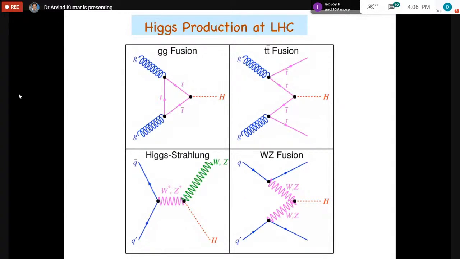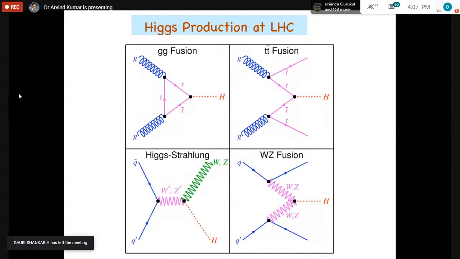The dominant one, on the left-hand side, which I have written as GG fusion, comes purely not from the constituent quarks of the protons, but from the gluons coming out of the protons. Then there is the top fusion, the W and Z fusion, and Higgsstrahlung, where a Z boson decays into a H and a Z.